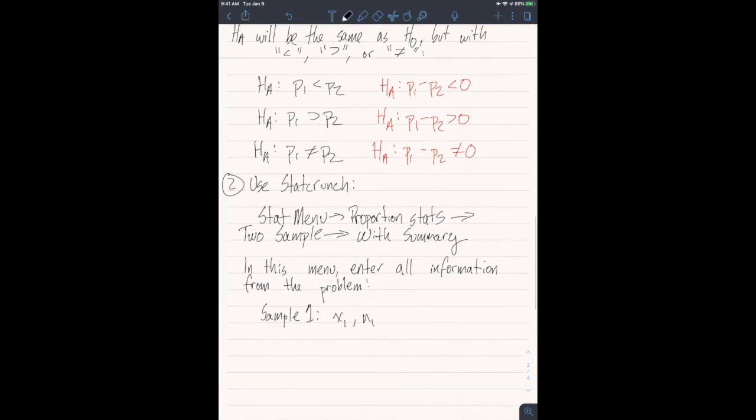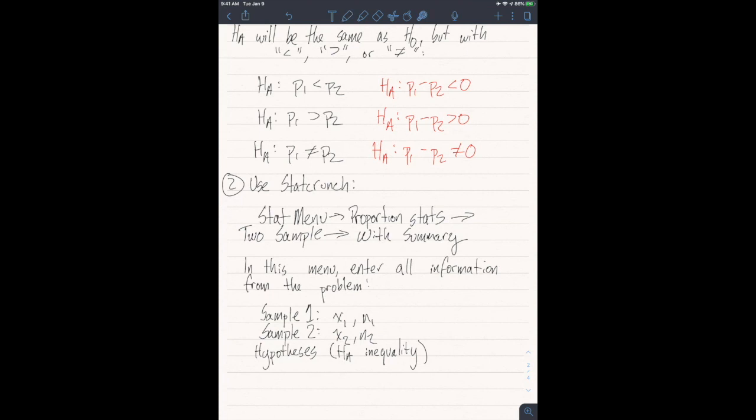In sample 2, you'll see this in an example, so just give me a second to get this all out here. In sample 2, you need x2 and n2. And the hypothesis testing, the hypotheses, meaning what inequality HA has. So was it a less than, greater than, or not equal to?